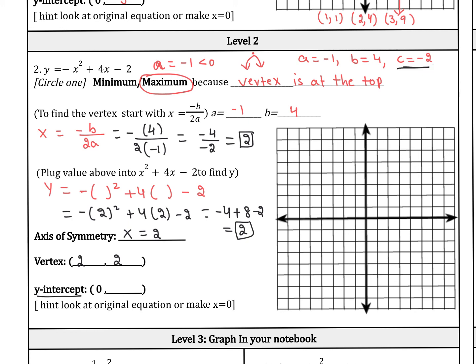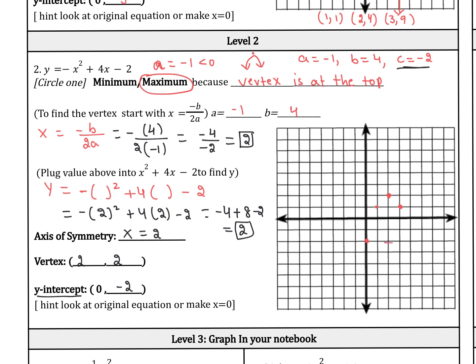The y-intercept is 0, c, and c is negative 2. So 0, negative 2. You're going to have the point 2, 2 here, and since it's going to be downward, you follow the pattern down 1 over 1 on the bottom side. The next point is this one, that is your y-intercept, and mirror the point on the other side.